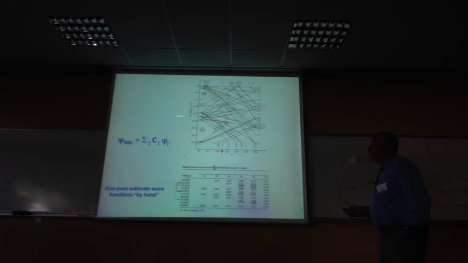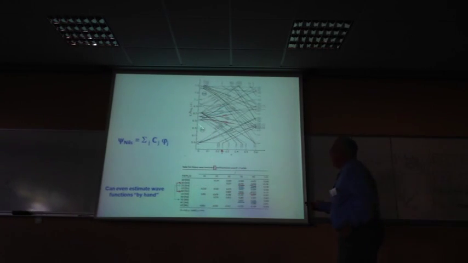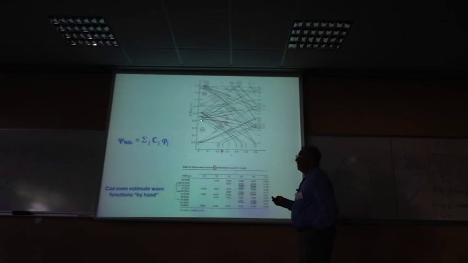Now you can actually estimate the wave functions. The wave function of this particle at very close to zero deformation is very close to pure F7 halves, and the wave function of the other particle is very close to H9 halves. As the deformation increases, these two orbits will mix.